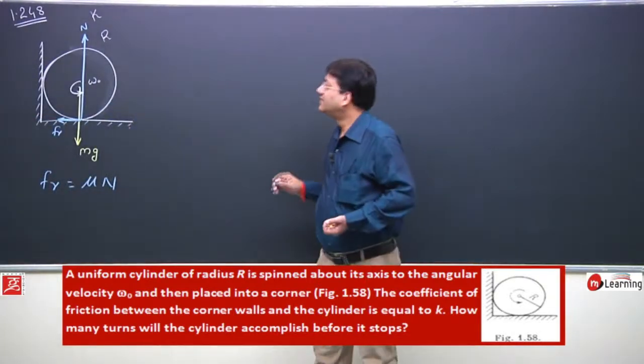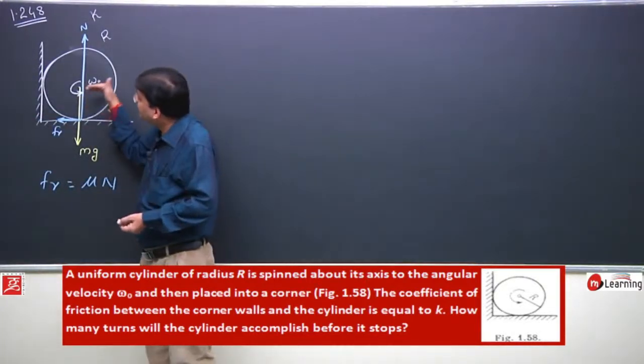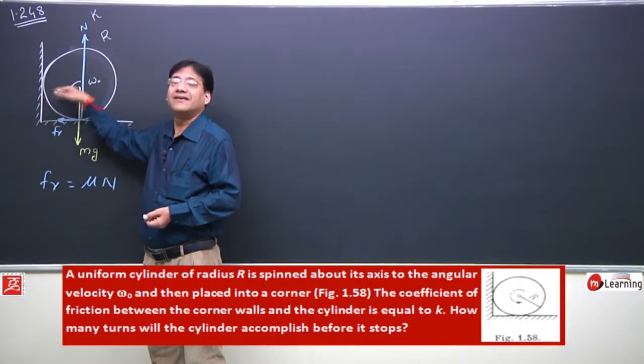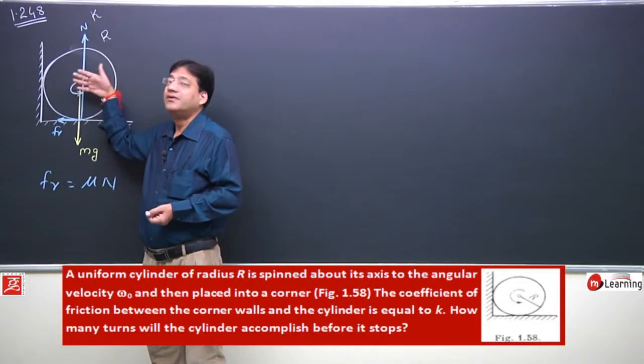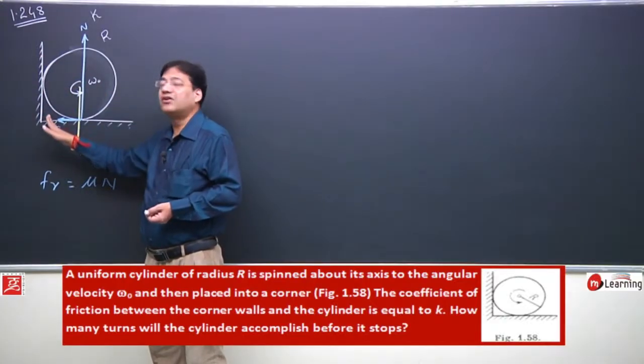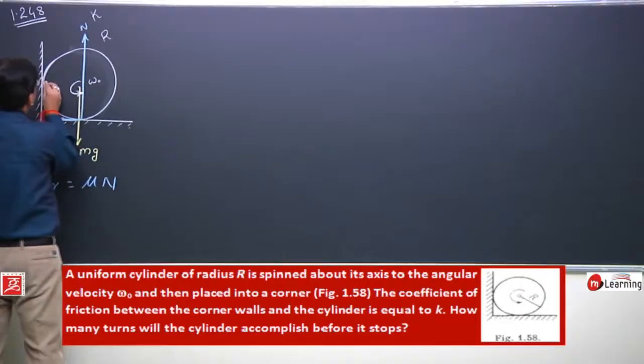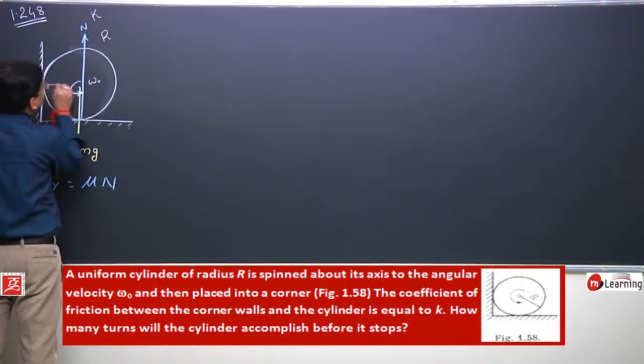always. Then when frictional force Fr acts in this direction, observe that the cylinder could not move in this direction because there is a vertical wall. So this vertical wall would definitely offer a normal reaction in this direction.